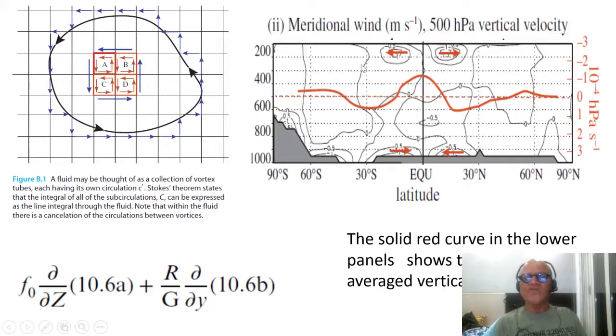This is figure 1.4. It's showing the meridional wind and the 500 hectopascal vertical velocity. So you have the rising motion, convergence at lower levels in the Hadley cell, and divergence at the top.